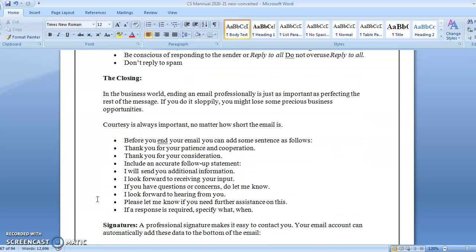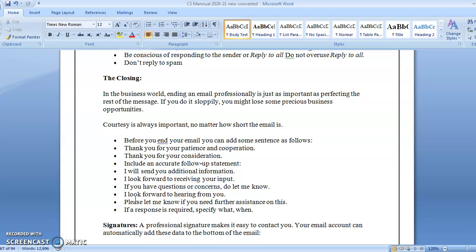Then this is the closing of the email. The closing of an email is very important. Here are some sentences for your knowledge. Use these sentences as per your email for the ending of your email, like thank you for your patience and cooperation, thank you for your consideration, and I look forward to hearing from you.